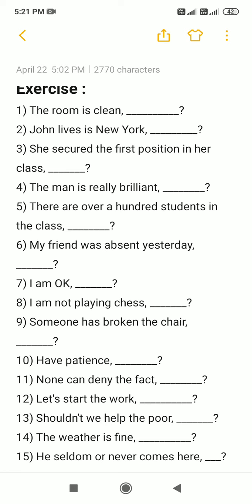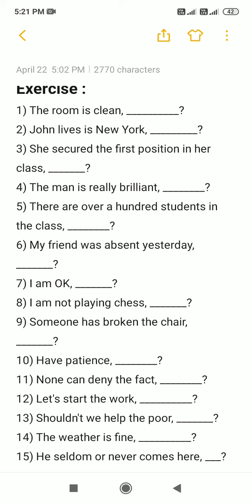Just think of what could be the possible question tag. I'm not playing chess. Examples number 7 and 8 are very important. We will see the answer later. Someone has broken the chair. Again, this example is also very important. We will see later in the video what could be the possible answers to these questions. Have patience.